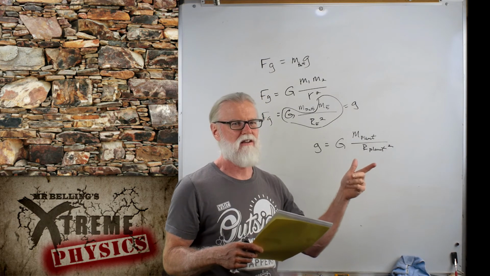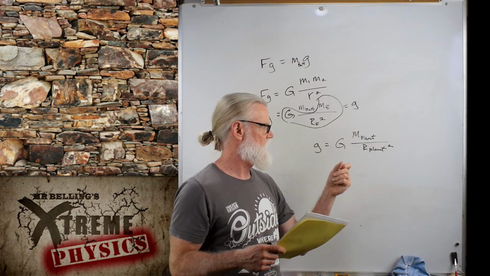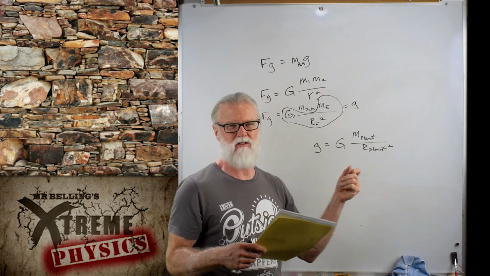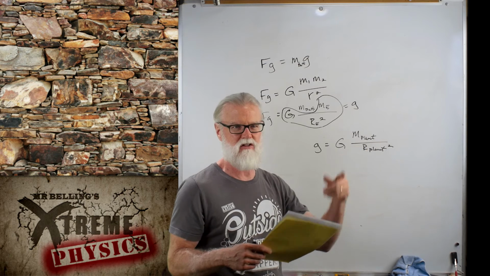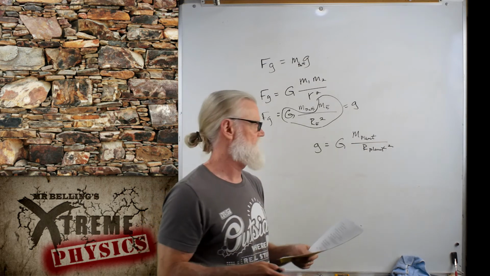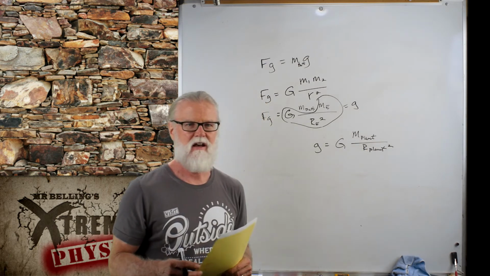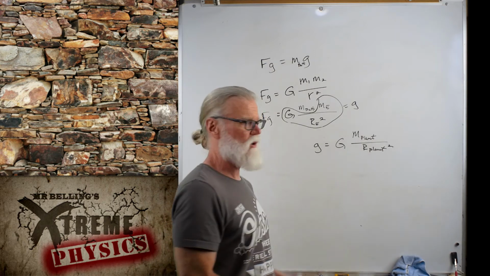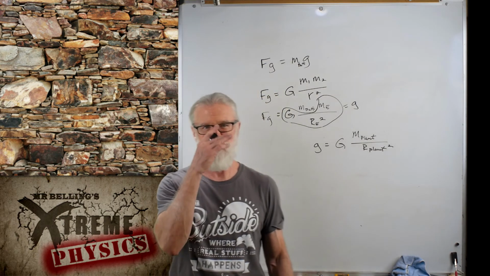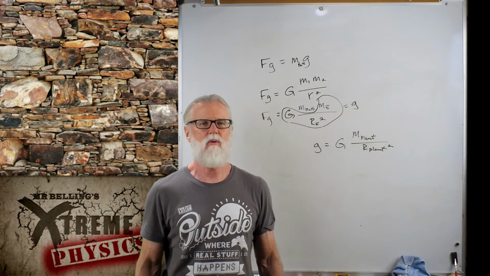Not much, but a little bit different. We're going to assume non-rotating bodies and not worry about the rotation, because usually that doesn't affect the free fall acceleration too significantly.